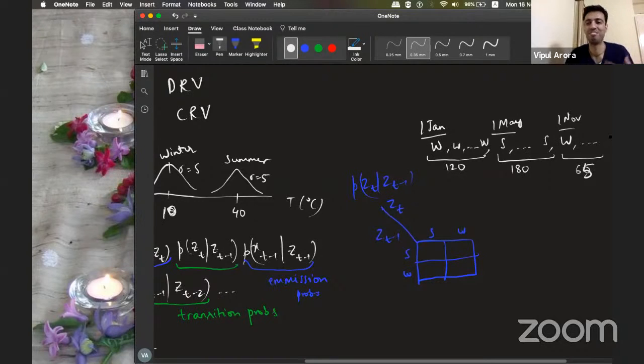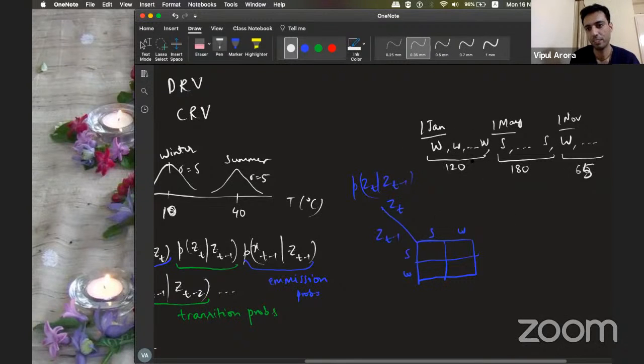This game became famous in AI when IBM made an algorithm to beat humans. It's called Jeopardy. Something like this is what we are doing.